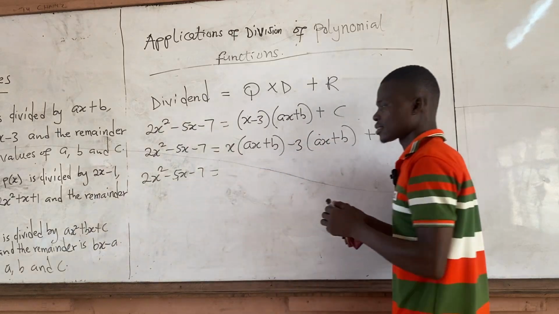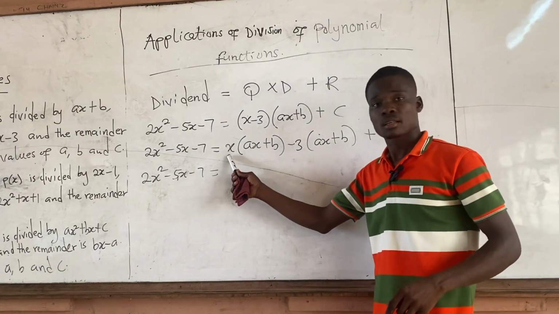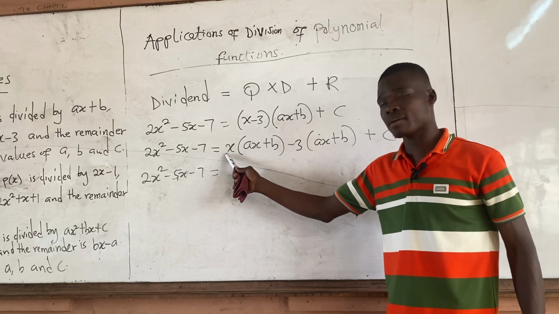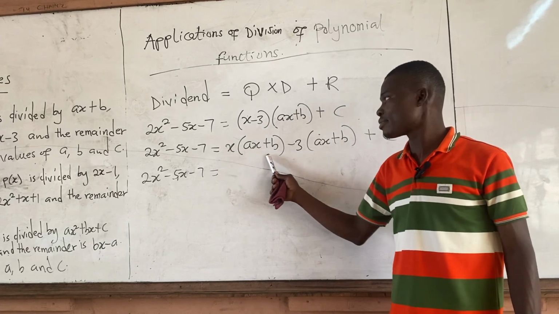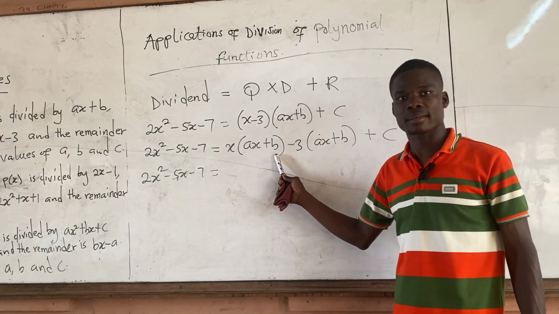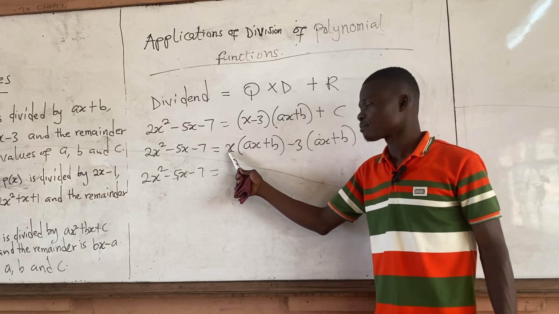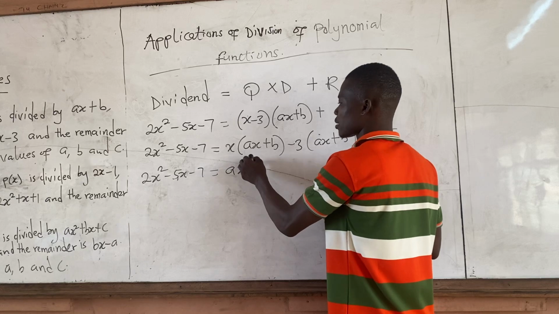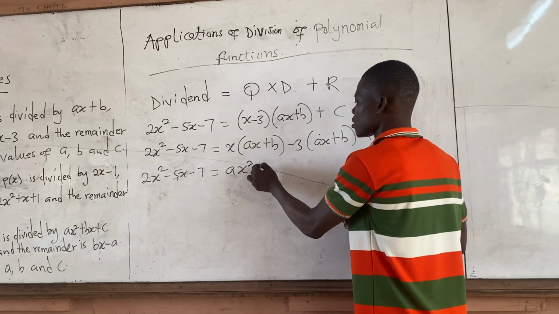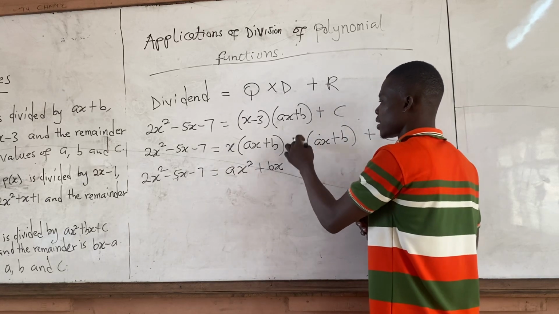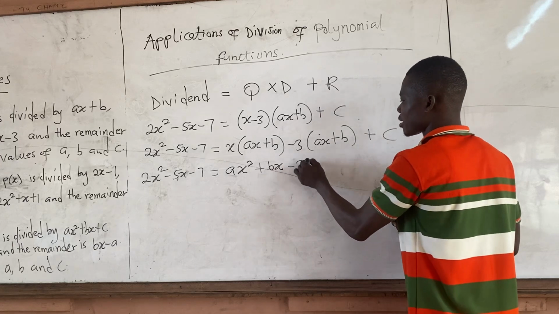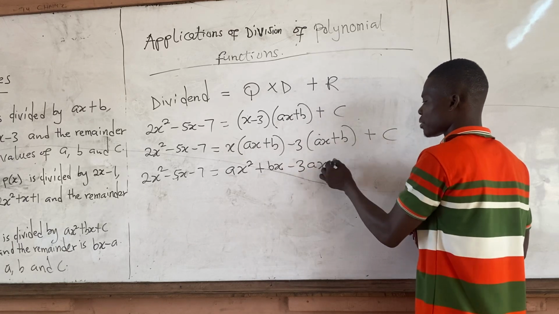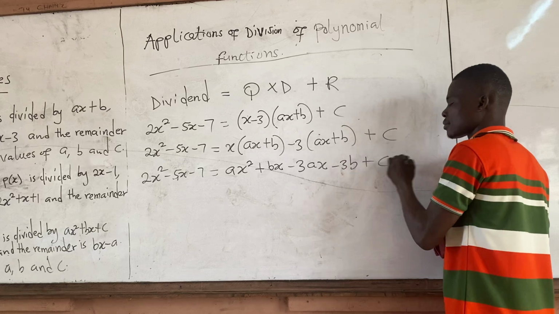Take your time, use this x outside the bracket to multiply all the terms inside the bracket. So we are going to get x times ax, which is ax squared, x times b, we have bx, minus 3 times ax, we have minus 3ax, minus 3 times b, we have minus 3b plus c.